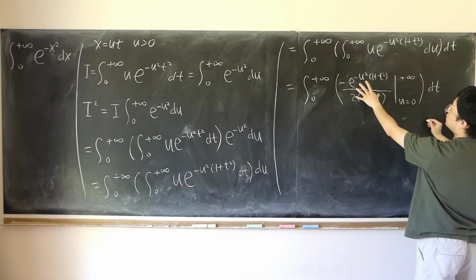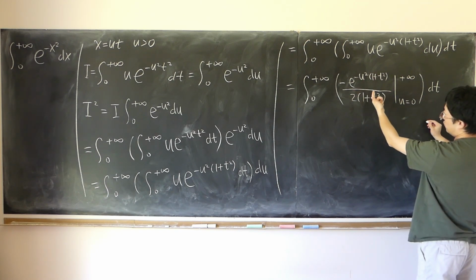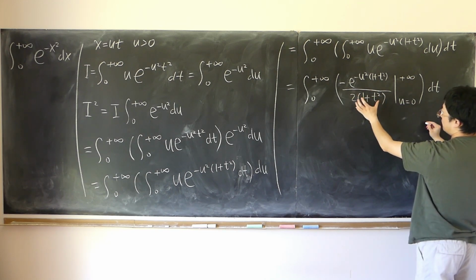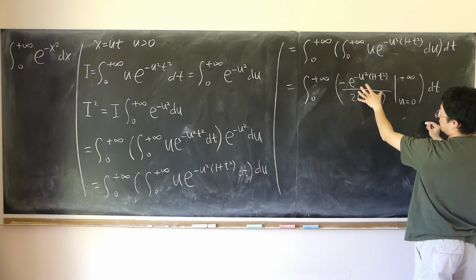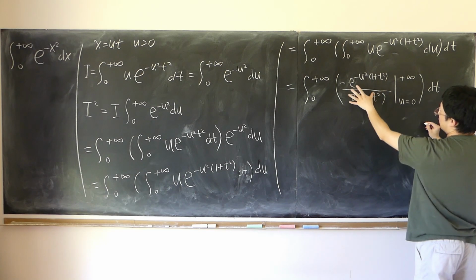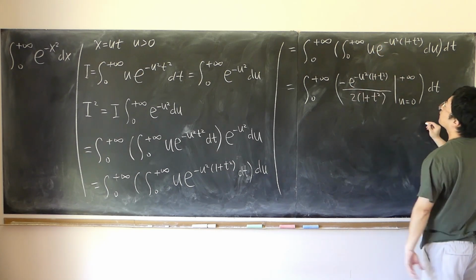The reason is because if we differentiate this function with respect to u, then t is a constant. Using the chain rule, it easily cancels out. The negative also cancels out. So the derivative with respect to u equals exactly this. So this is fine.